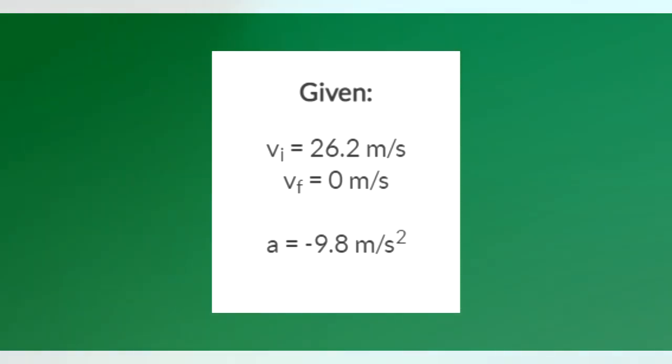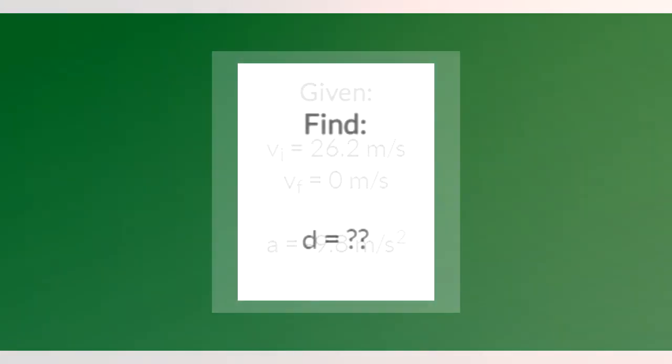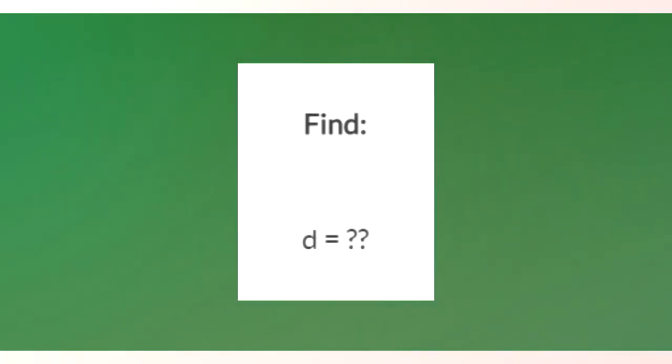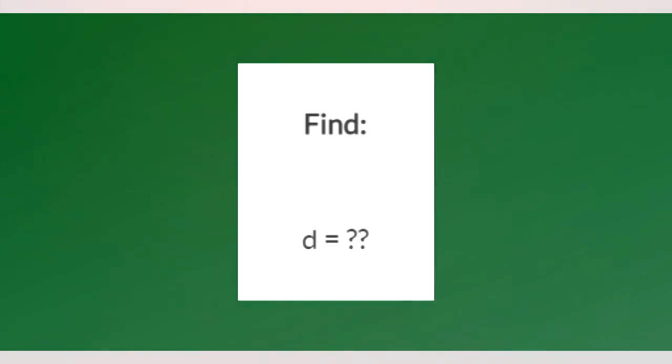The acceleration of the vase is negative 9.8 meters per second squared. The next step involves the listing of the unknown information in variable form. In this case, the problem requests information about the displacement of the vase. So, displacement is the unknown information. The results of the first three steps are shown.